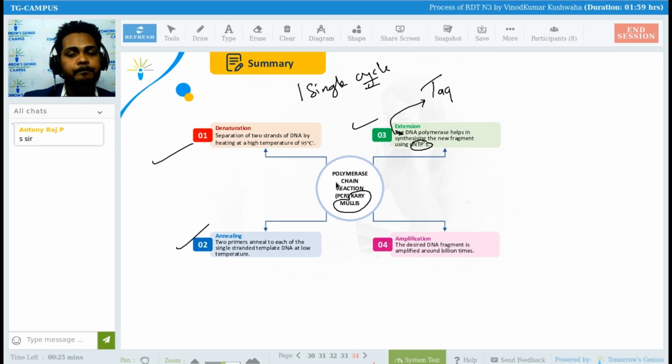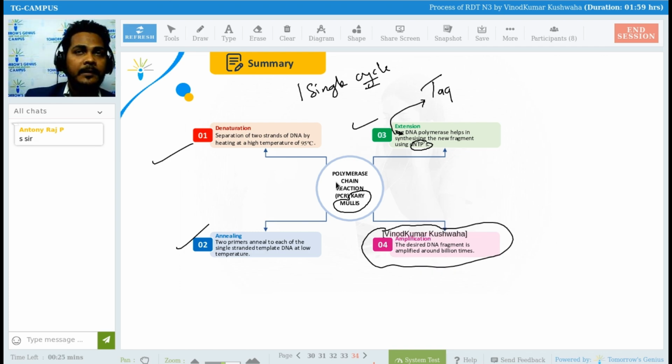Sir, can you give a gist about amplification? At that time I lost my connection, sir. See, amplification is the part of PCR. When we say amplification, it means you want to multiply your gene of interest using PCR, right?